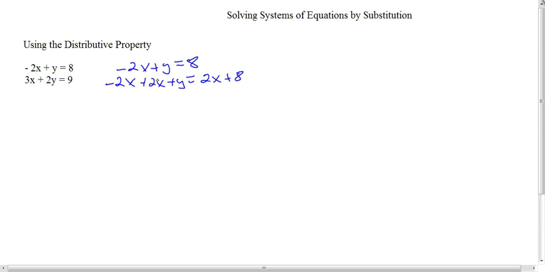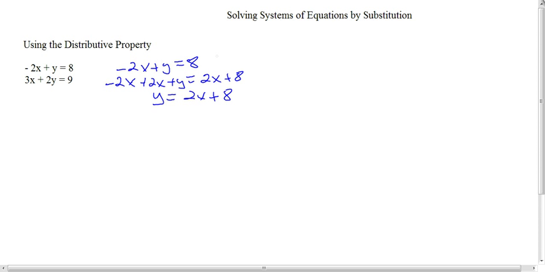I have a negative 2x, so I want to add 2x to both sides to clear it and add it to the right side. So here 2x from 2x is going to give me 0, so they cancel out, and that will leave me with y is equal to 2x plus 8.